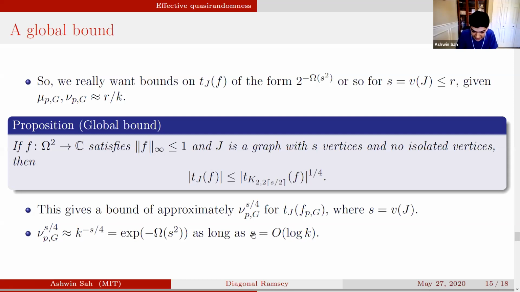As s is at most logarithmic in size, and it's going to be what we want it to be, as long as it is exponential in s, and therefore exponential in the size of the clique that we're counting, as long as that holds, then we're going to get this win. Again, there are many other technical things that go into these arguments. You have to remember the first order terms, et cetera. But this is at its core enough to give the desired win.